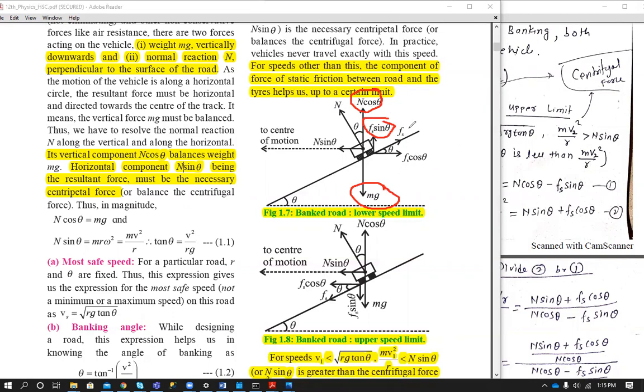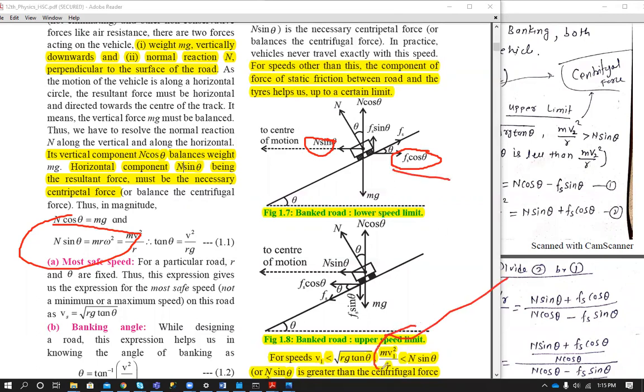And earlier, in this case, the centripetal force is provided by n sin theta, but this n sin theta is opposed by this horizontal component. So now the centripetal force will be provided by n sin theta minus fs cos theta. The magnitude of centripetal force and centrifugal force is the same. The centrifugal force is less than n sin theta because n sin theta is opposed by the frictional force.